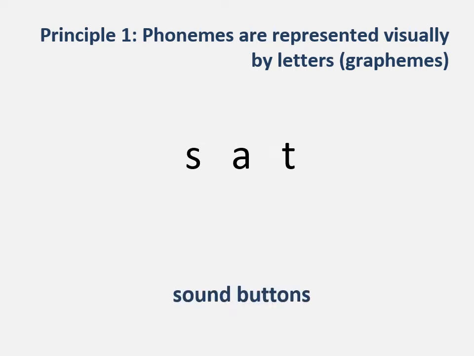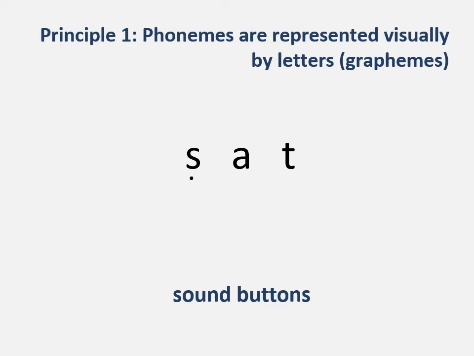We've looked at the forward slashes being used to indicate phonemes, but when we are writing a word down and we have the graphemes here, S-A-T, we need to indicate how they represent phonemes, how many phonemes are represented, so we can use sound buttons.